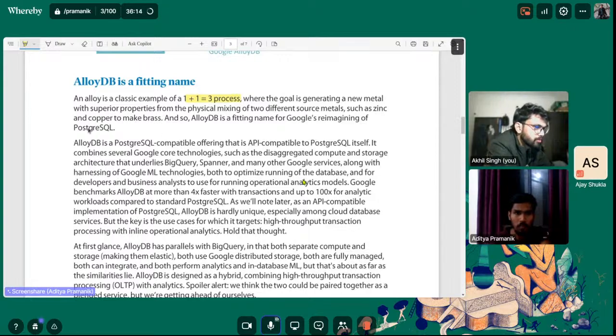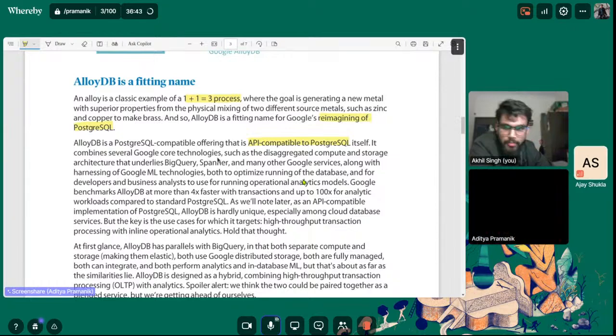Okay, so AlloyDB is a classic example of 1 plus 1 equals 3, where Google is generating a new material. What this paragraph says is, as the name suggests, the main logic of calling it an alloy is combining two properties of different elements or different sources and then creating a third one, which will be a combination of the first two.